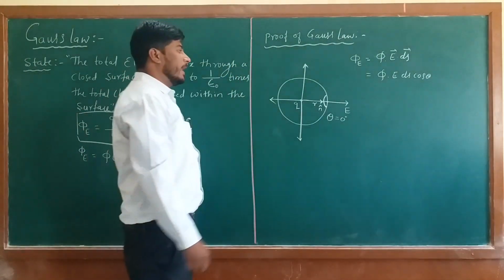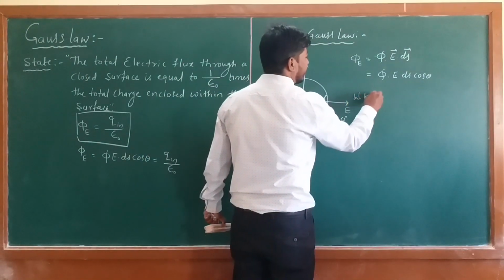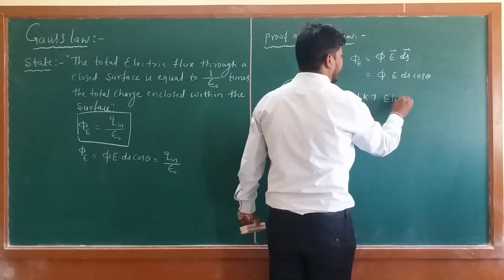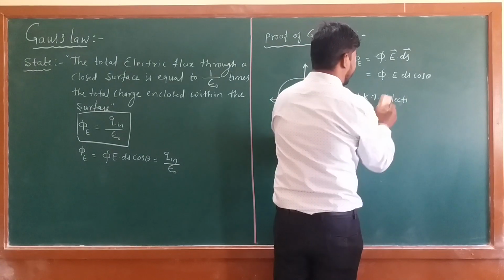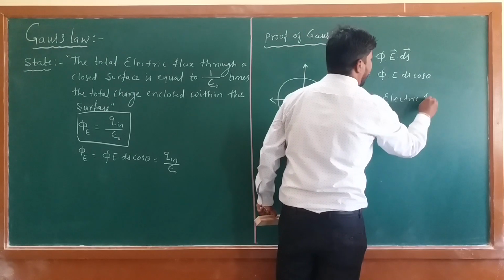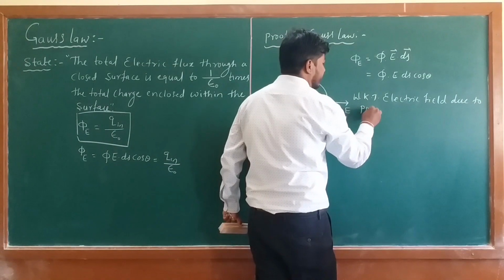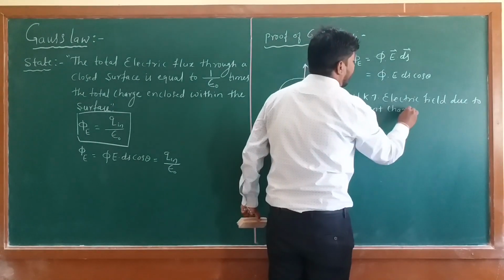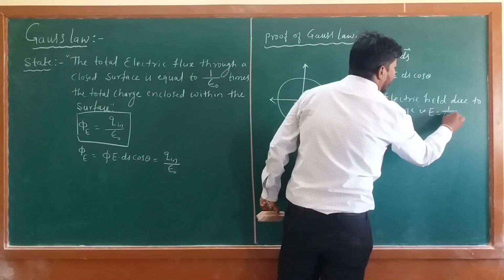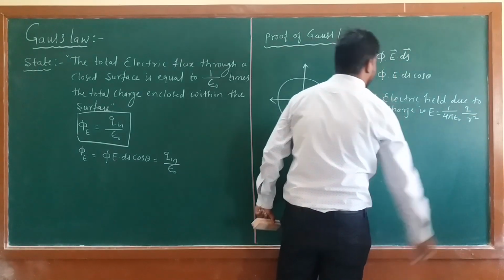So we know the electric field due to a point charge is E equal to 1 divided by 4 pi epsilon naught, Q divided by r square.